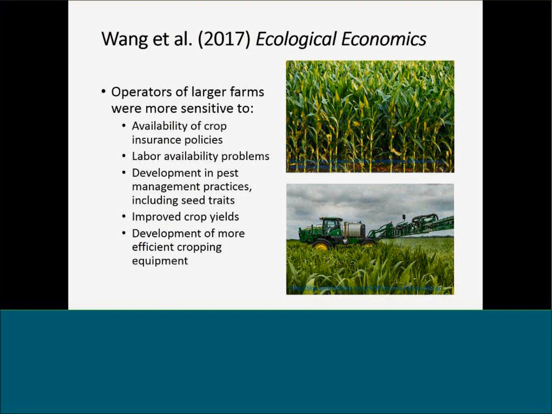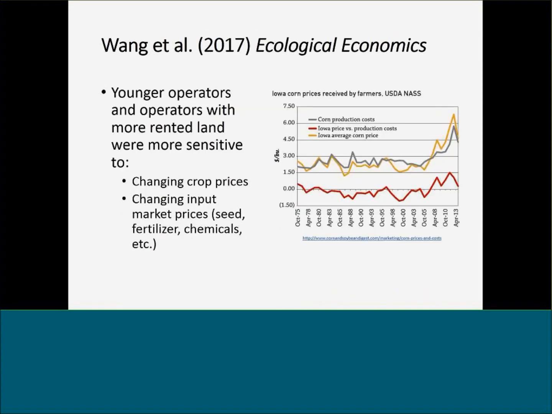In the graph that I just showed you, overall, those weren't considered very important influences on land use decisions by the majority of farm operators. But for the operators who had larger farms, they tended to be much more sensitive to these influences.